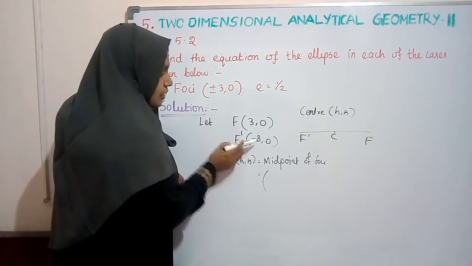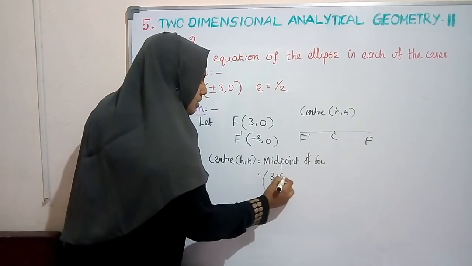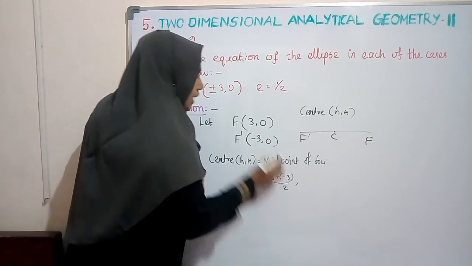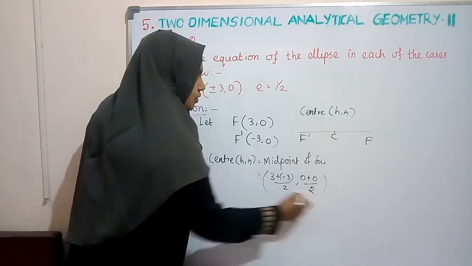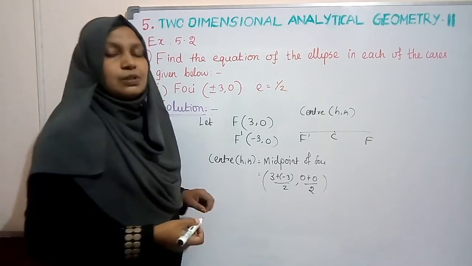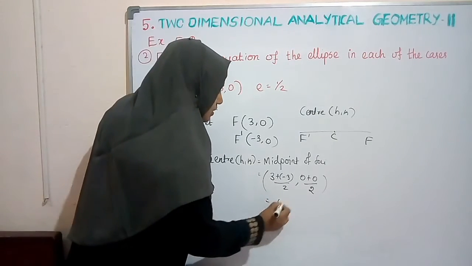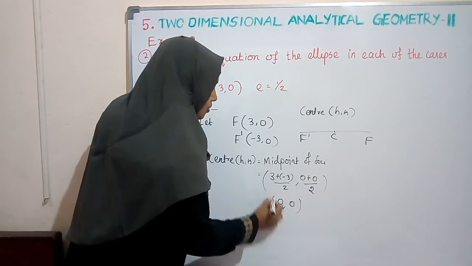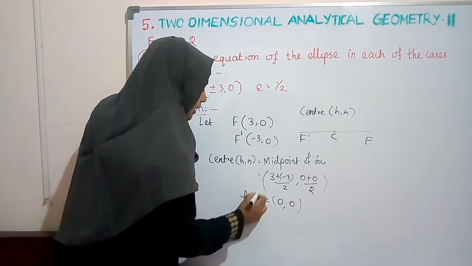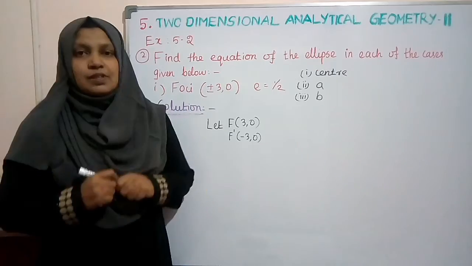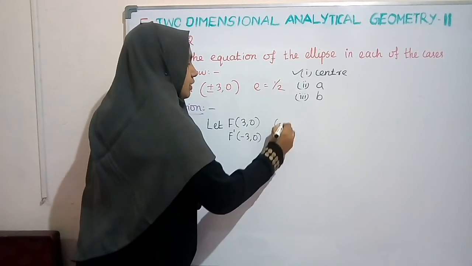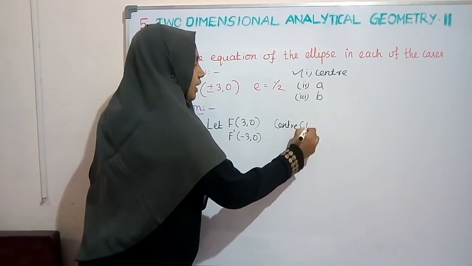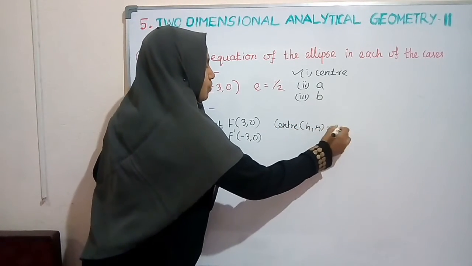So x1 plus x2 by 2 means 3 plus minus 3 by 2, and y1 plus y2 by 2 means 0 plus 0 by 2. So 3 plus minus 3 is 3 minus 3, which is 0 comma 0. So we got h comma k as 0 comma 0. First we got the center h comma k as 0 comma 0.